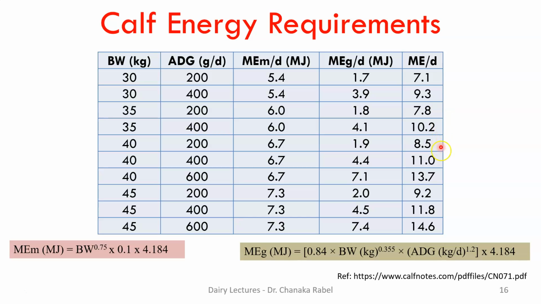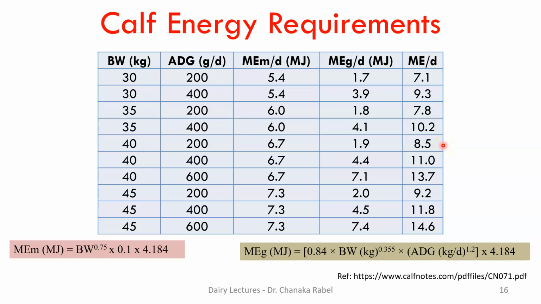If it's gaining even more, you have to give even more calf starter. Now you see the difference between, let's say, a poorly managed farm without calf starter. They have smaller calves because they don't get that extra energy to grow faster. Whereas on a better managed farm, where they are given calf starter, they get that extra energy to gain better body weight, right?